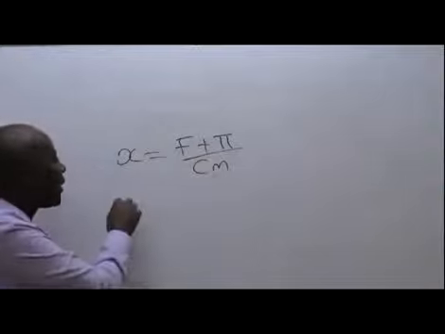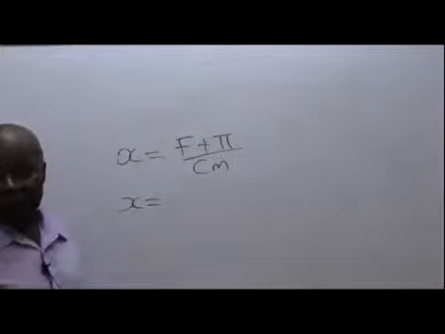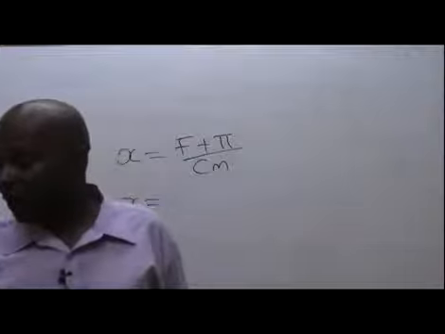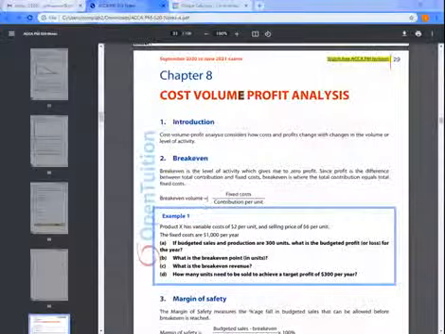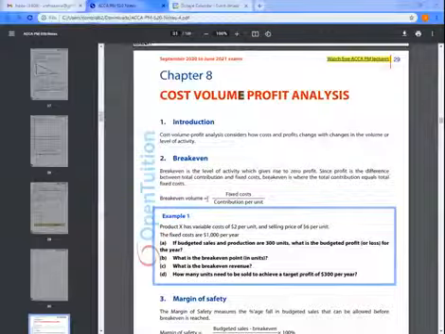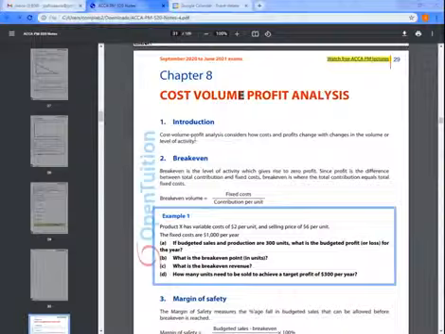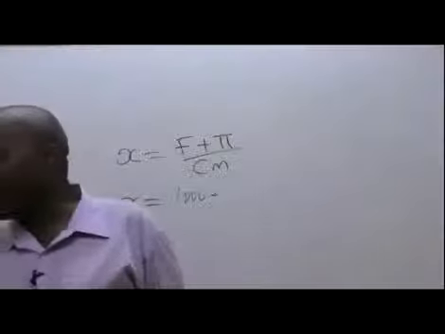So in this particular case, our fixed cost to be covered is 1,000. We're given the fixed cost up here. And the profit they are aiming to get is 300.